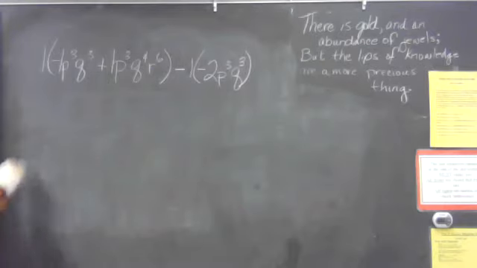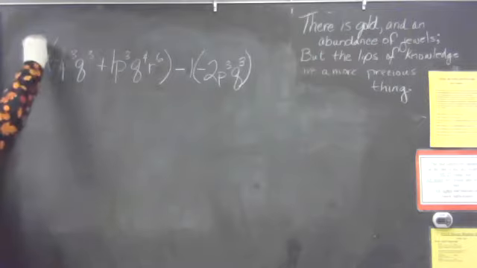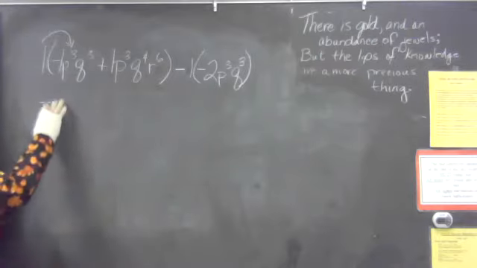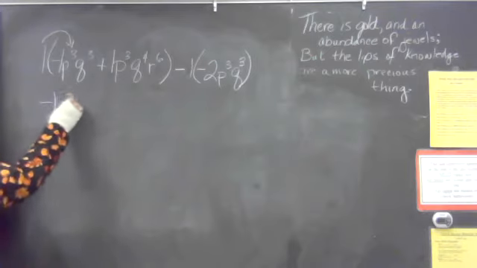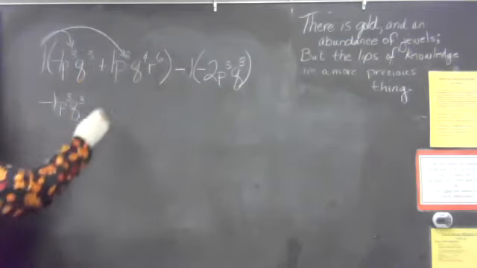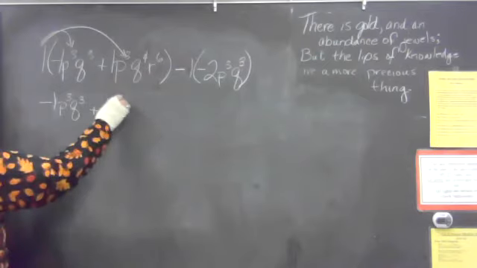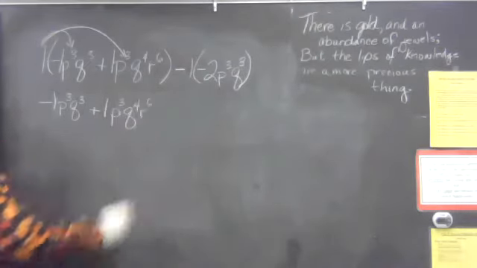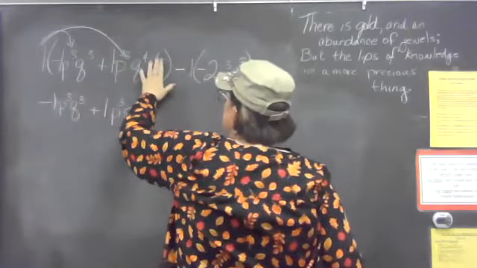Now we have this whole set of parentheses that needs to be taken times 1. So I have a negative 1, P cubed, Q cubed, plus 1, P cubed, Q to the 4th, R to the 6th, and I'm at the end of the parentheses, so I don't multiply anything else times 1.